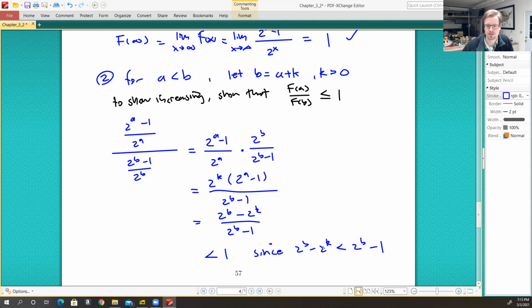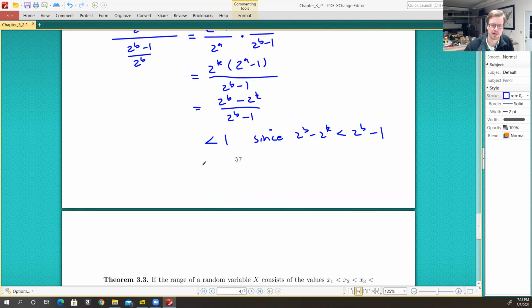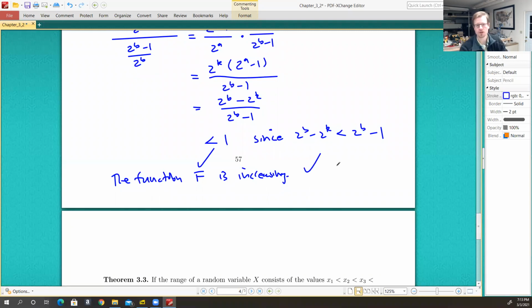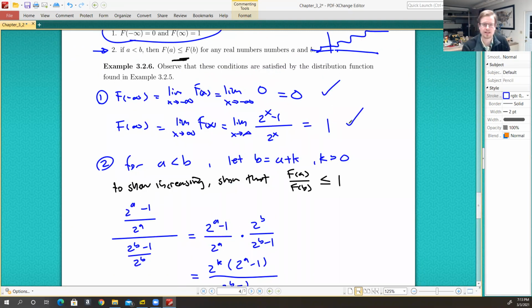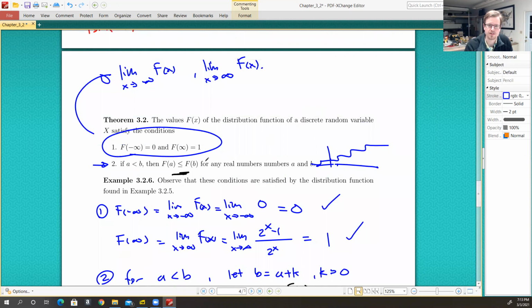So a number minus 2 is less than that same number minus 1. So we do have that the ratio is less than 1 and that the function capital F is increasing. Excellent. And that's all that we were looking to show. So our function does in fact satisfy this.